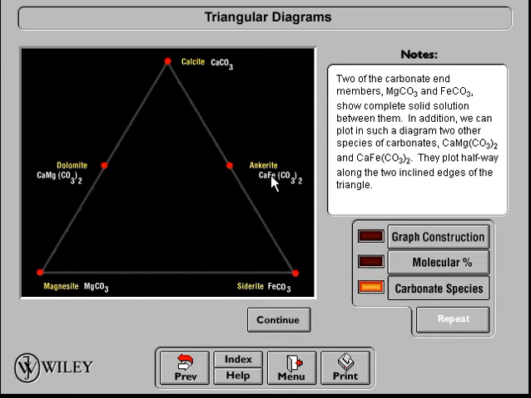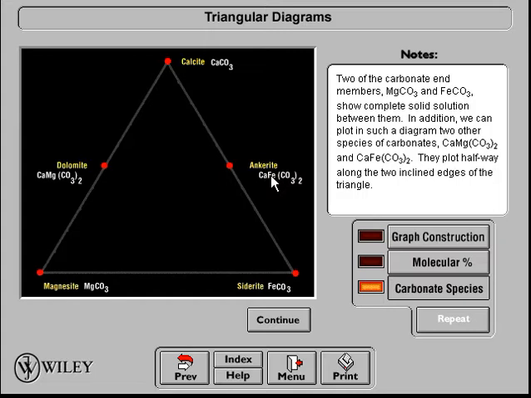Two of the carbonate end members, magnesium carbonate and iron carbonate, show complete solid solution between them. In addition, we can plot in such a diagram two other species of carbonates, that is the calcium magnesium carbonate and the calcium iron carbonate.